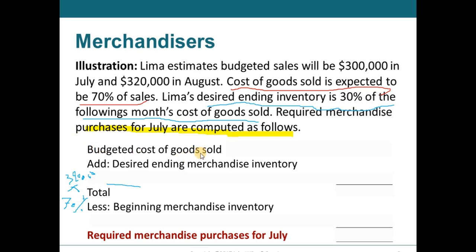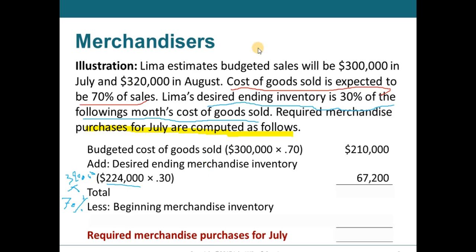Budgeted cost of goods sold for July is 70% of sales: sales of 300,000 times 70%. These are the ending merchandise inventory, from the cost of goods sold, 30% of the cost of the next month.